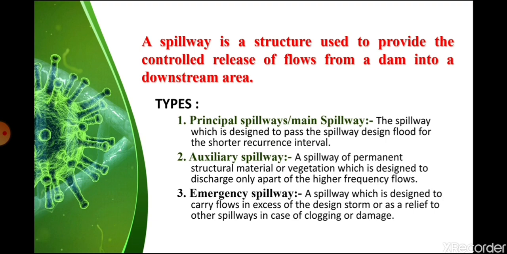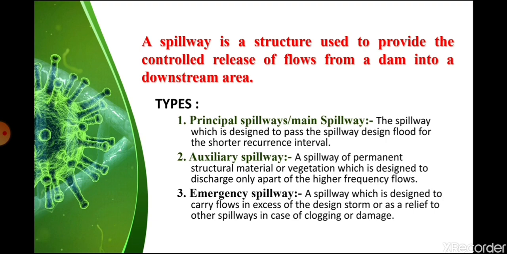Whereas auxiliary means it will allow passing only part of the flood, part of the water. It will discharge only part of the higher frequency flow. If rainfall occurs with high frequency, high intensity and high duration, there is a chance that your reservoir may fill in a shorter time.